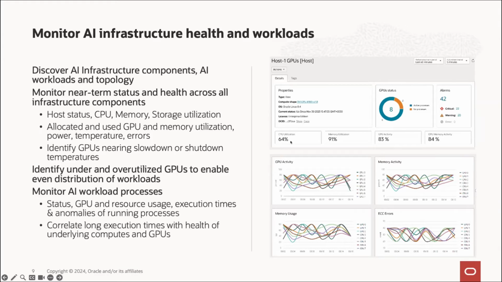So this is what we are envisioning. We will provide some of the metadata around the GPU or the host that is running, and how they are actively being used. It will also allow users to set alarms around critical and warning errors, and provide key metrics on the dashboard around the utilization for memory, CPU, and all that.